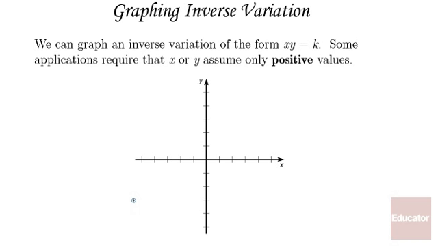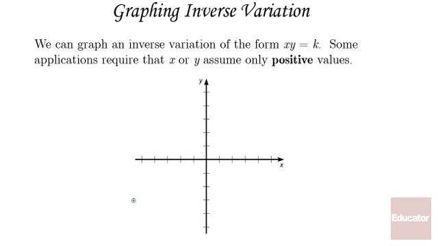For example, when I talked about the relationship between the time it takes to get somewhere and speed, you know that time cannot be negative. So we're not going to say that it took negative 5 minutes to get somewhere, and the same with speed. So in those cases, we would have positive numbers for x and y. And that's going to affect what we end up with for the graph.